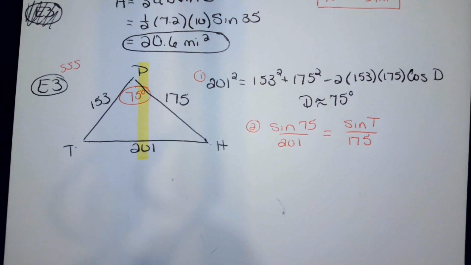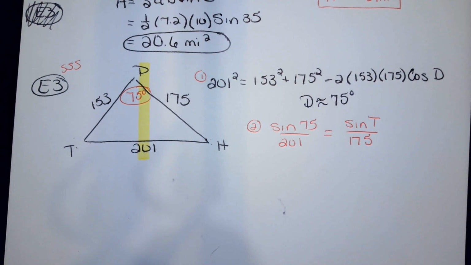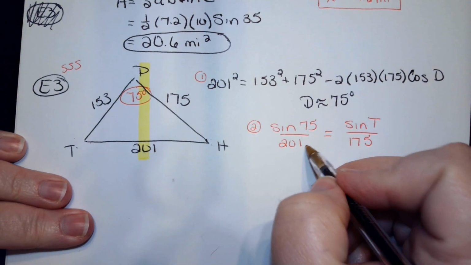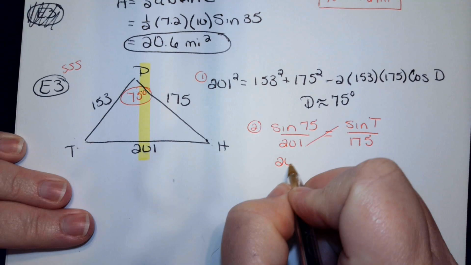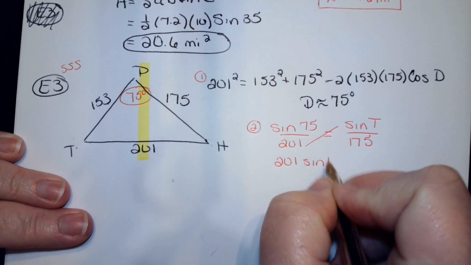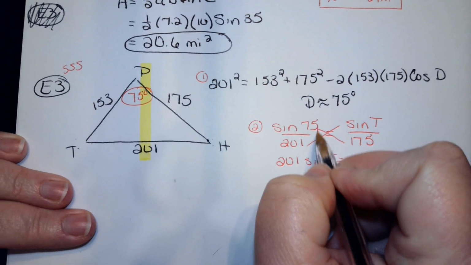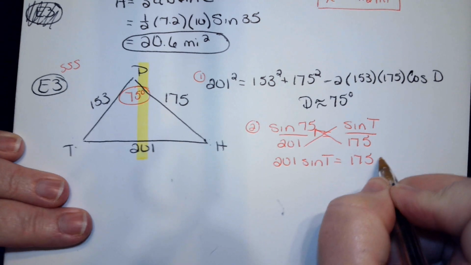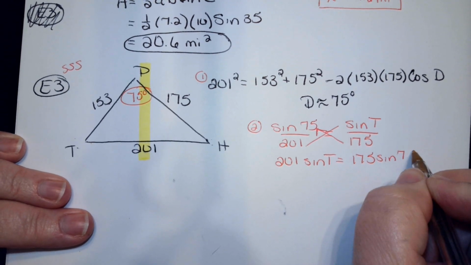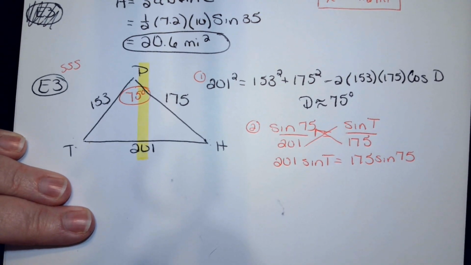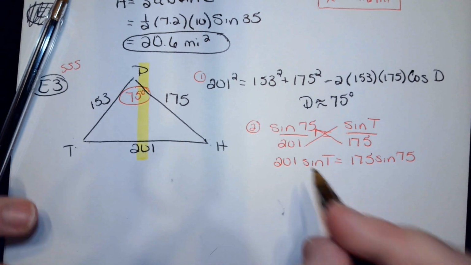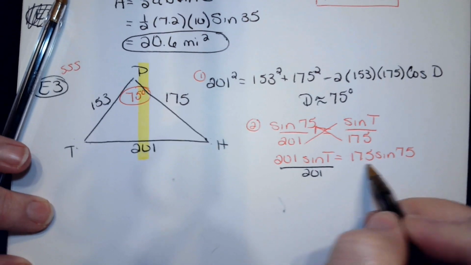That's your law of sines. Sine of the angle over the opposite side equals the sine of the angle over the opposite side. We're going to cross multiply. So we get 201 times the sine of T is equal to 175 times the sine of 75. I want the sine of T by itself, so I'm going to divide by 201.